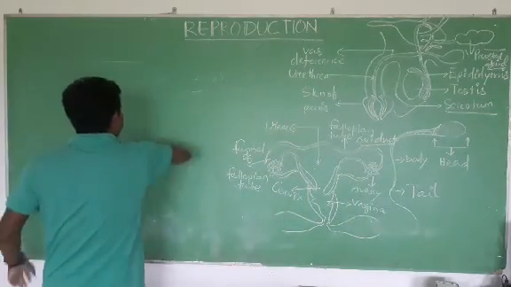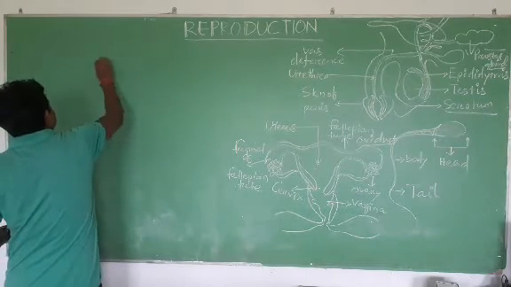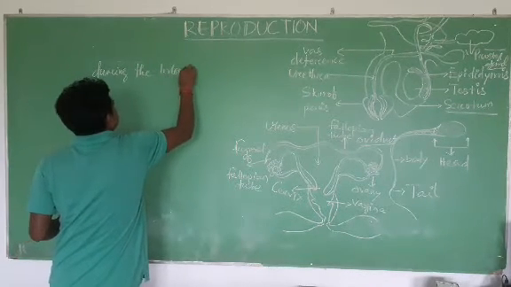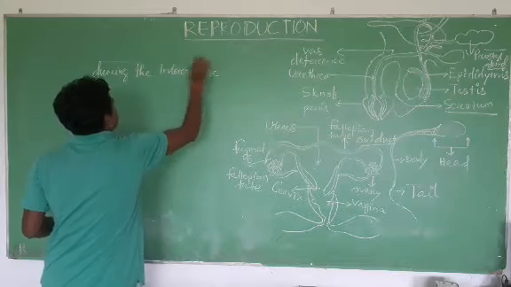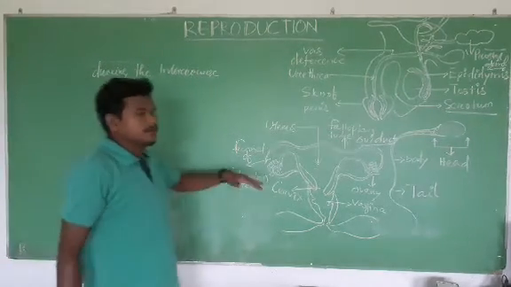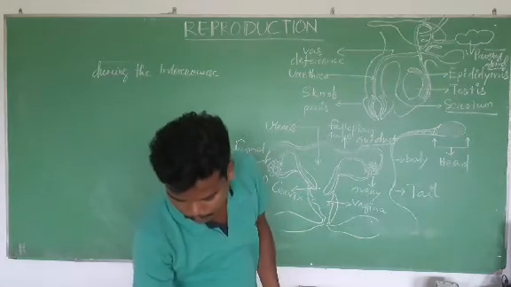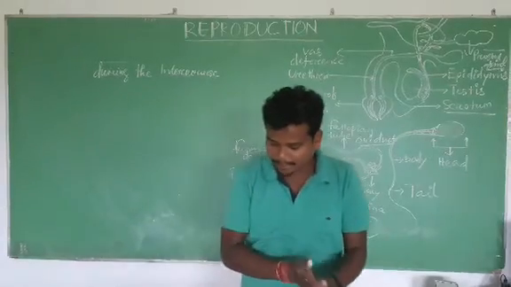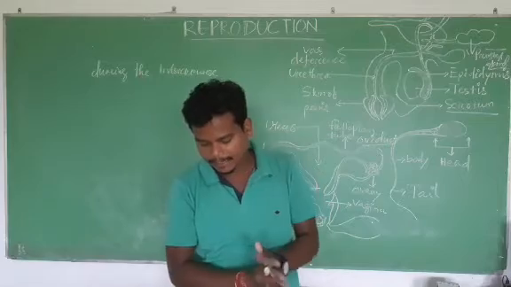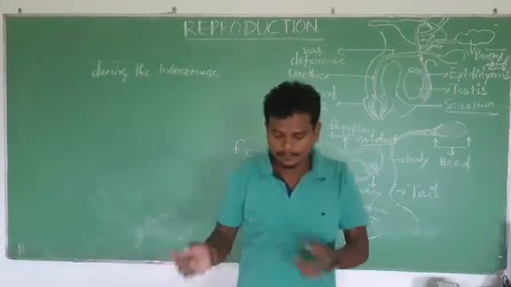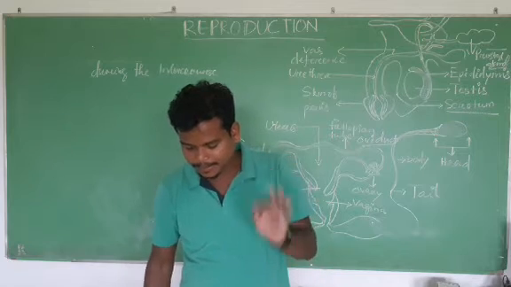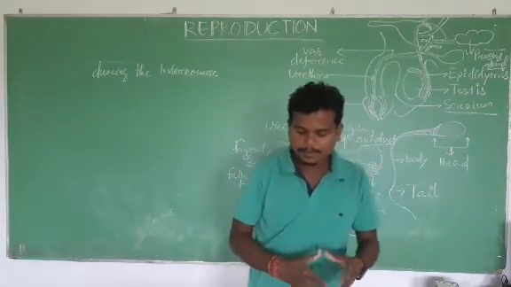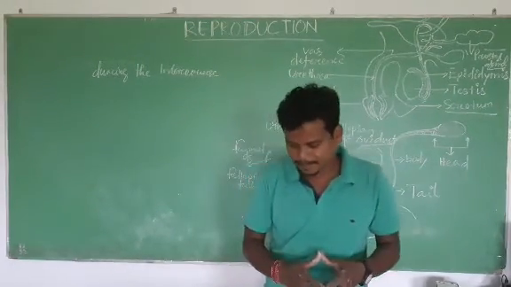During intercourse, the penis ejaculates some semen or sperm into the vagina, which travels up through the vagina and uterus into the fallopian tube. There the sperm fuses with the ovum, and fertilization takes place.